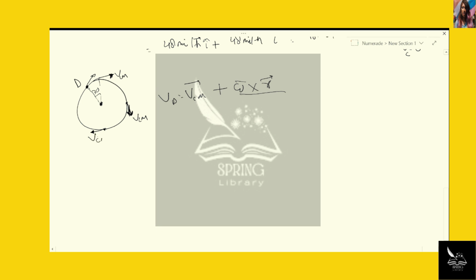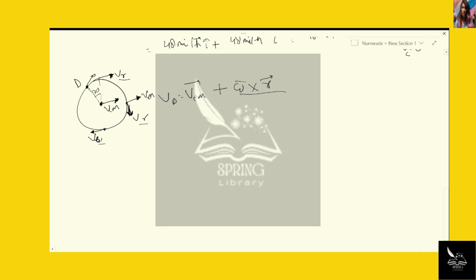I should actually write them as VR, VR, and VR. And then to find the final velocity, we sum the rotational velocity plus the translational velocity. The translational velocity is basically VCM for all of them. So in this case, it was VR plus V translational, which is VCM.